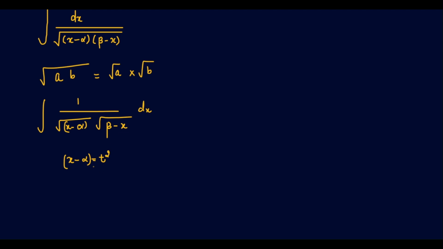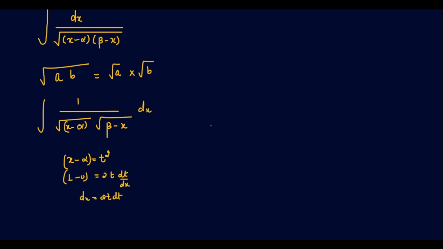But the best way is to write x minus alpha equal to t square. Now we will differentiate with respect to x. So here you will get 1 minus 0, and here you will get 2t dt over dx. So for dx, we can write that it is equal to 2t dt.